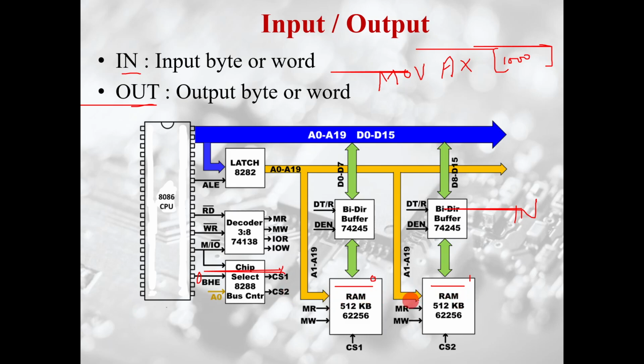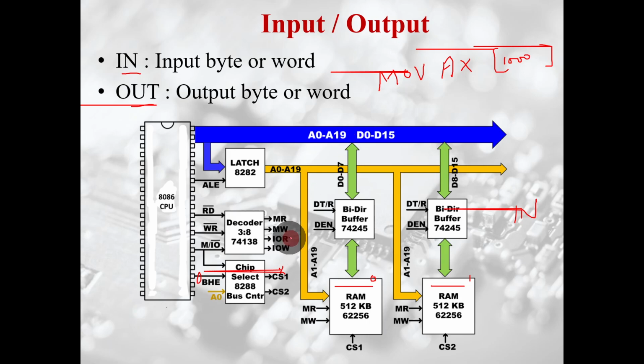So these memories won't get activated. Now since this memory input output pin which is coming from the microprocessor is 0, that means the address I am placing out here doesn't refer to the memory, but corresponds to the input output port.